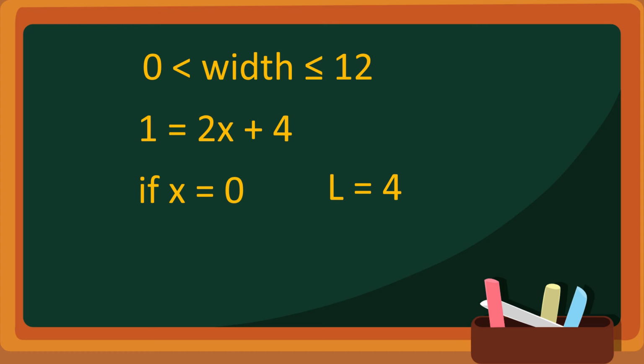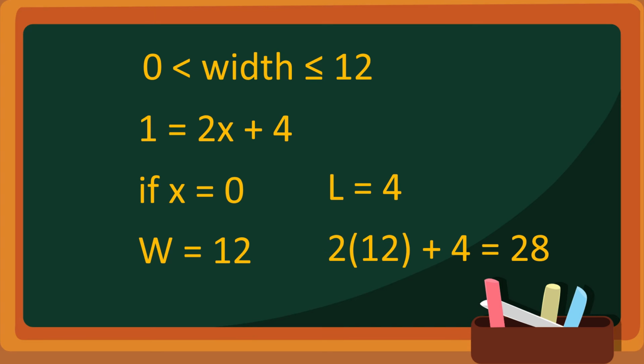Therefore, the length is greater than 4. The highest possible width is 12. Then the length is 2 times 12 plus 4, which is equal to 28. Therefore, the length can be equal to or less than 28. The possible length is 4 less than length less than or equal to 28.